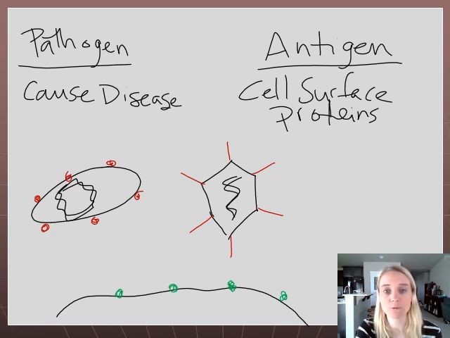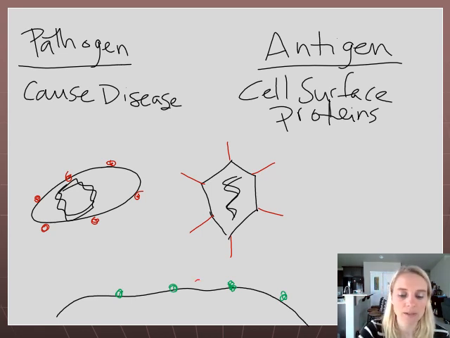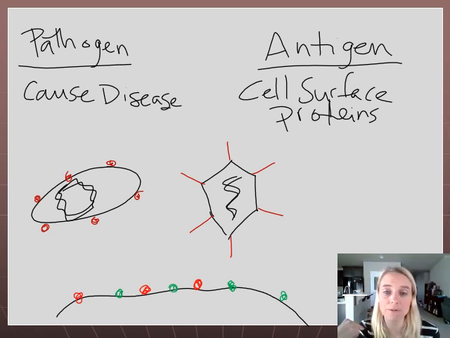If it recognizes a foreign antigen, either in a bacteria or a virus or somehow displayed on our cells, that might be a clue that our cell is infected, and then we can destroy that cell to help protect the rest of our body. All right, so that's just some general terminology when we get into this immune response and disease process.